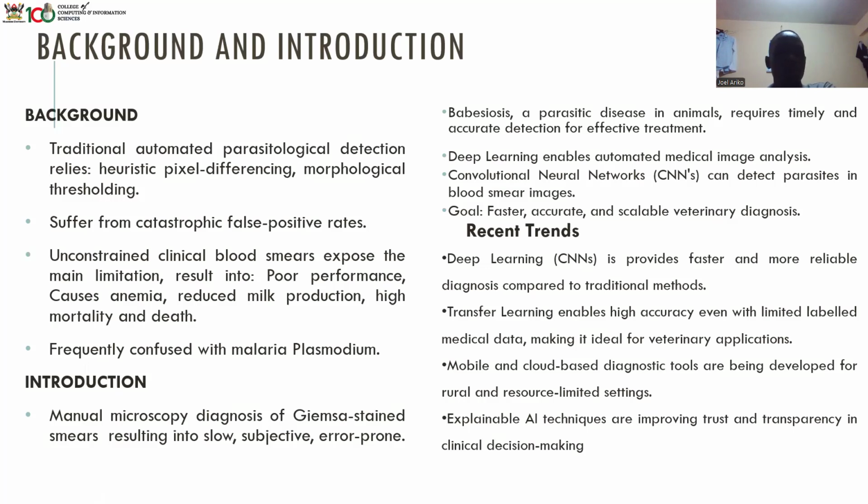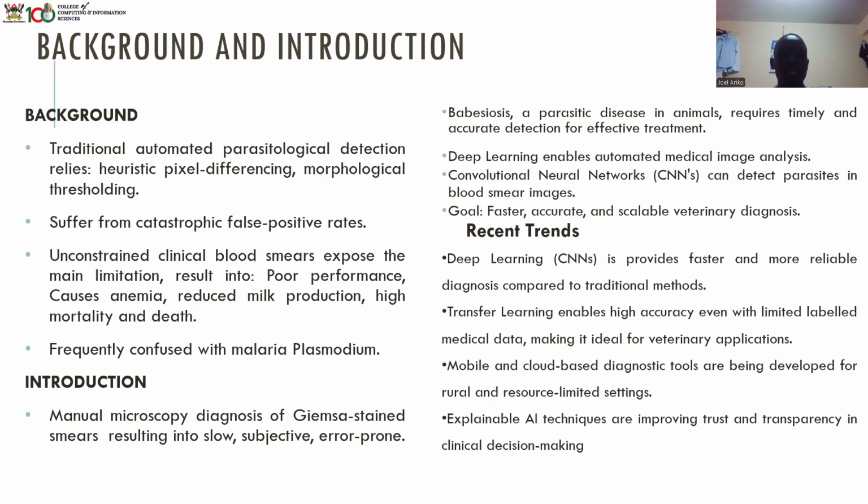This results in poor performance, reduced milk production, and high mortality, meaning deaths of animals. It's because the disease is misclassified or confused as Plasmodium, since both of them have similar rings and so on.